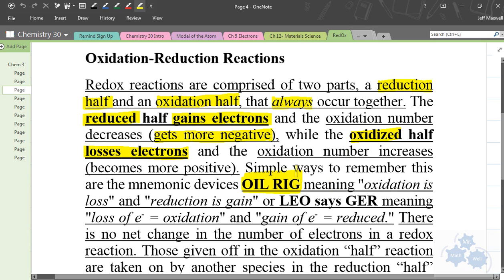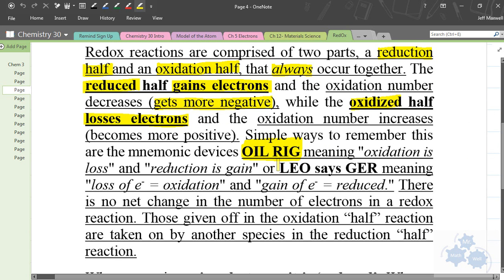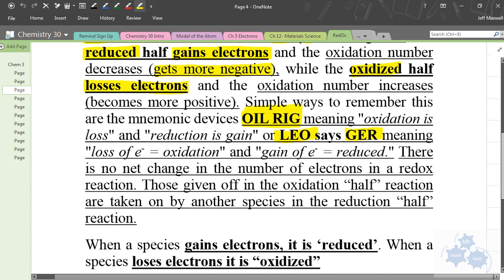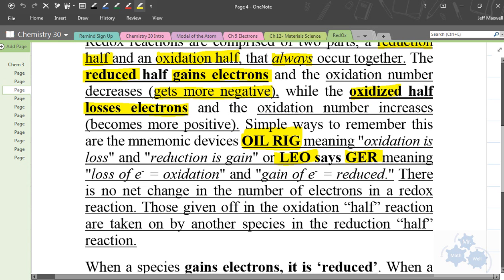The one that I learned when I was your age in school was LEO the lion goes GER. That's the one that I always think of when I try to remember this stuff. Lose electrons, oxidized. Gain electrons, reduction. So either one, whichever one you gravitate to. But you'll have to know that really quickly, so you have to memorize that somehow as you do these questions.